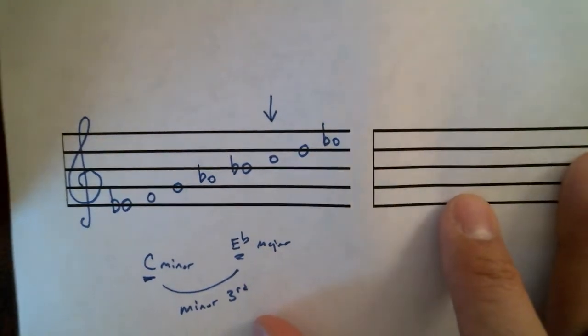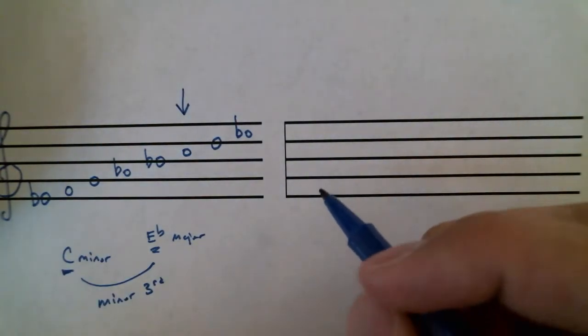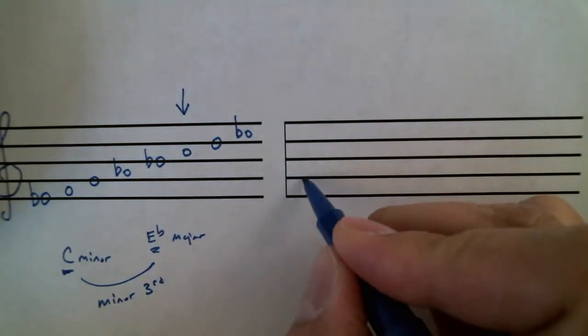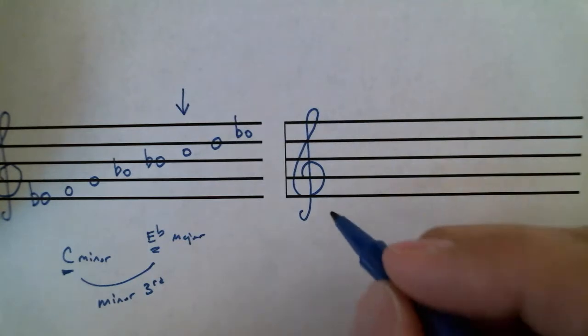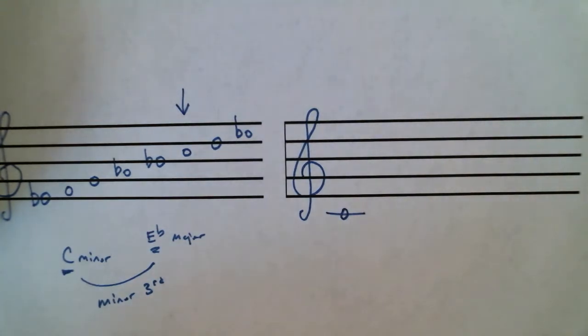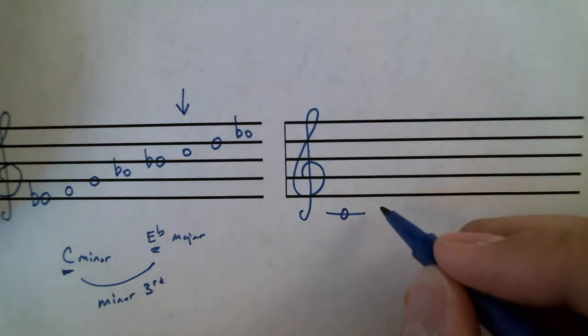I'm going to shift the camera a little bit so you can see the staff. Instead of starting on E flat, I'm going to start on C. For our purposes, it doesn't matter which C, so you can start on a lower C. Here I'm going to start on the C with one ledger line, and I'm just going to go up using all the notes of the E flat major scale.